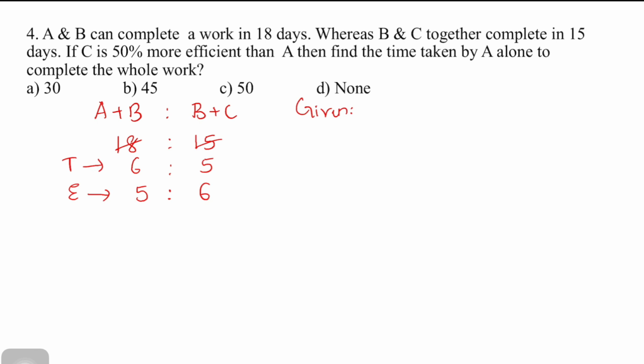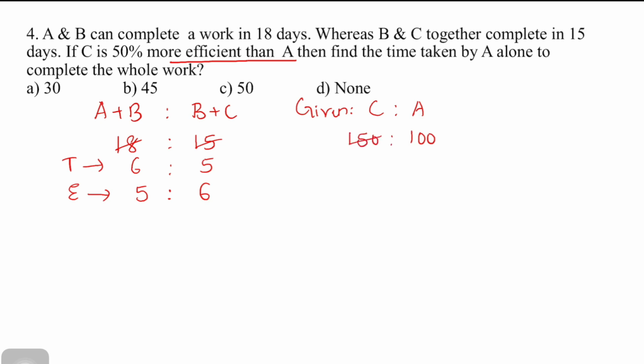Now they have given us the efficiency data, isn't it? If C is 50% more efficient than A, if A is 100, C is 50% more than A, so C will be 150.